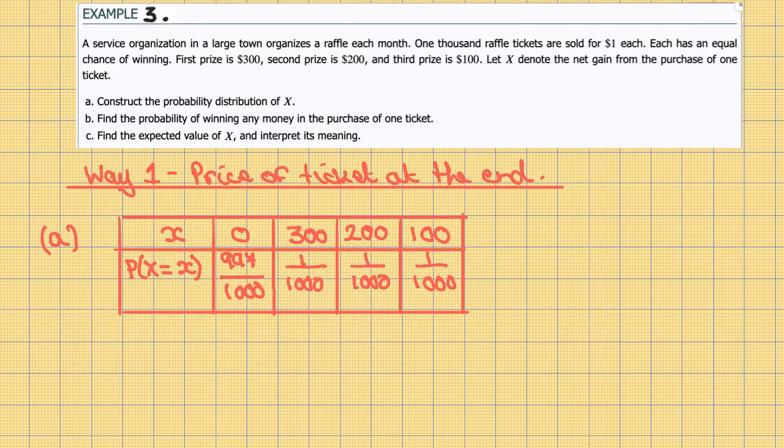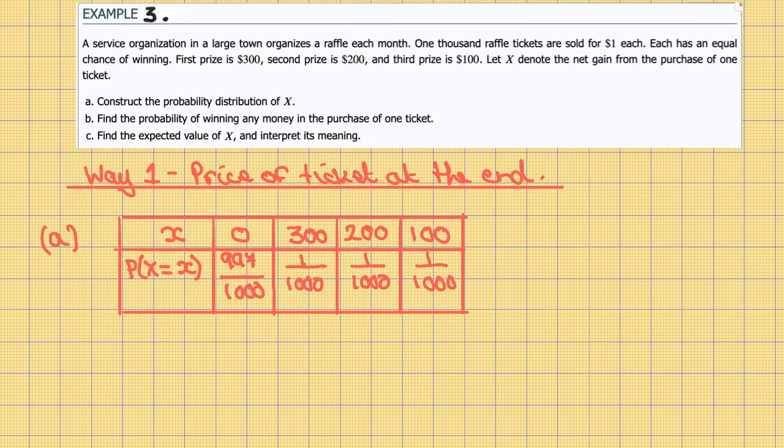Way 1, the price of the ticket at the end. In this way, you have 4 possible outcomes. You win nothing, you win first prize $300, you win second prize $200, or you win third prize $100. The probability of winning nothing is 997 out of 1,000.